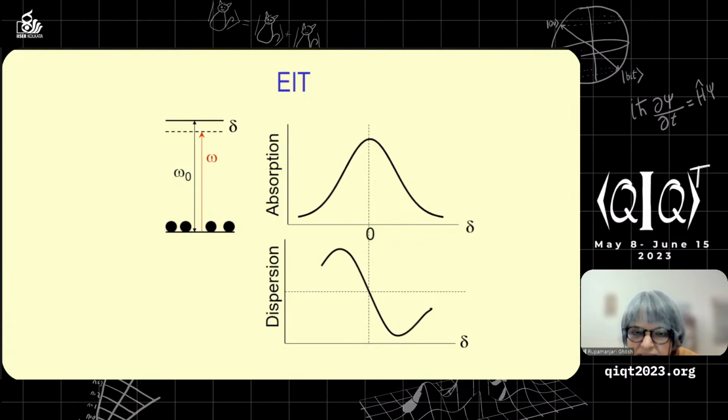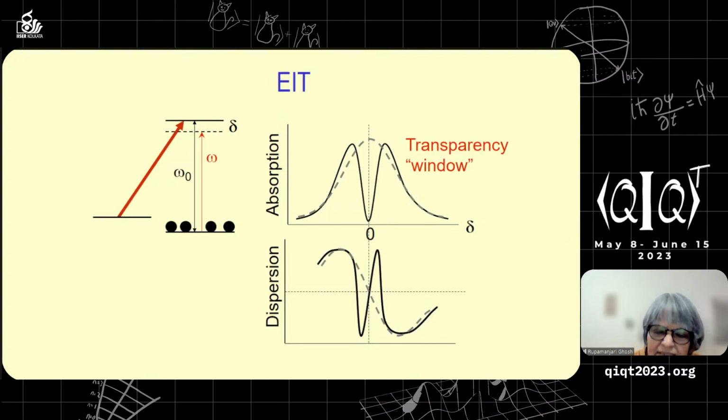And by the Kramers-Kronig relation, you have a causal relationship of absorption with dispersion. They are given by the imaginary and the real parts of your susceptibility. So imaginary part is absorption, real part is dispersion, and the dispersion shows a negative slope right at delta equal to 0. When detuning is 0, then dispersion has a negative slope.